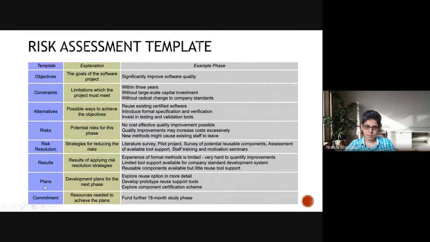And then in the later stage, they decided to fund a further 18-month study phase. More important than the details in this example is your understanding of how you would go through all these different elements in the template when you are assessing the risk. That is what we mean by risk assessment in the spiral model.